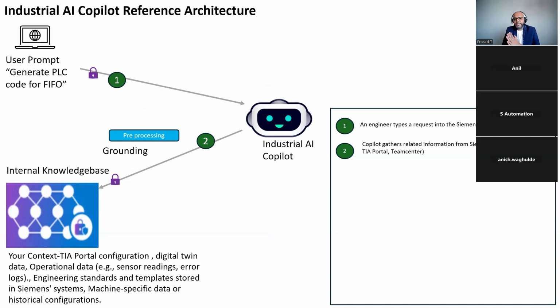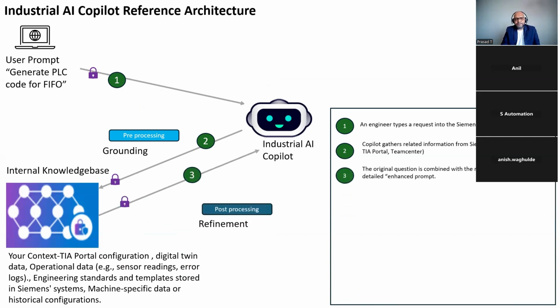So before asking the question to the actual LLM, the Copilot first checks with the internal knowledge base whether the answer to the user's query is available. Then stage number 3 is the post-processing, which is also called refinement, in which the original question is combined with the context retrieved from the internal knowledge base.